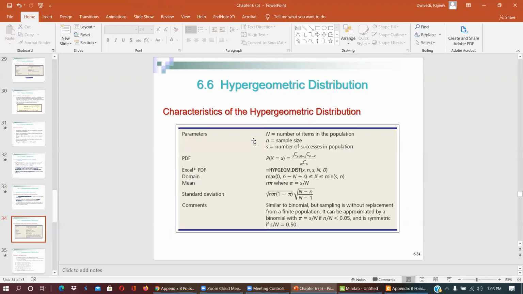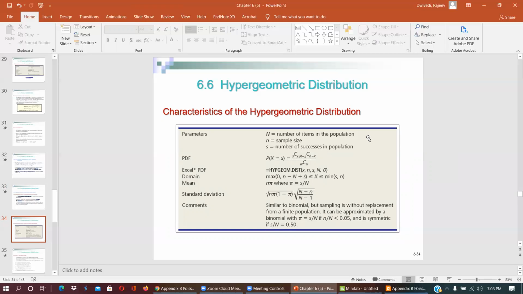Look into this. This is the formula summary, or the distribution summary. N equals the number of items in the population. Let's say in Eastern Washington University, how many directors are there.